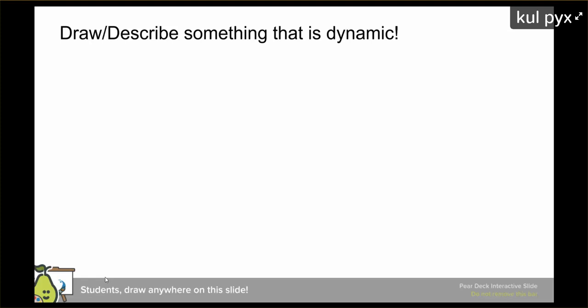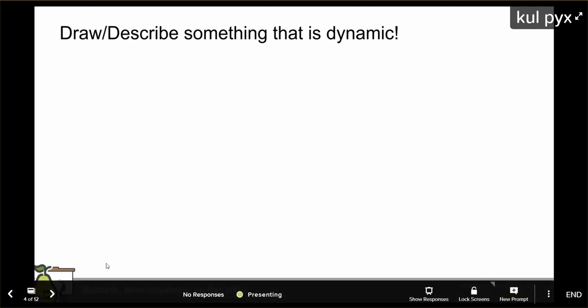For example, like a soccer game, right? Really good one at least, right? You would expect to see a lot of movement. The ball is going left and right, it's changing, people are making goals, right? Versus, I don't know, watching paint dry, right? Not really a lot of movement going on there. That's not dynamic, right?